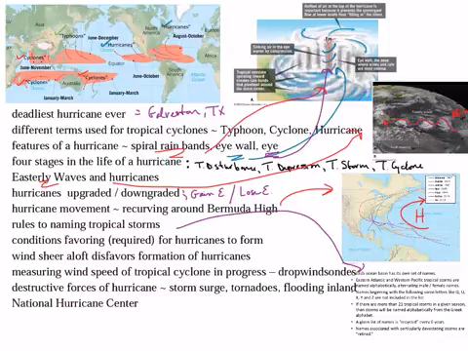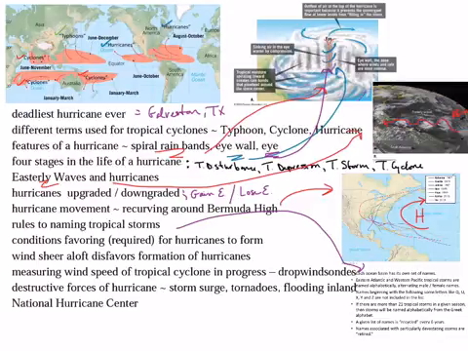For both ocean basins that we're concerned with, there are 6 lists, and they cycle through the lists. And last but not least, if it was a particularly bad hurricane, that name will be removed from the list. That name will be what we say retired.